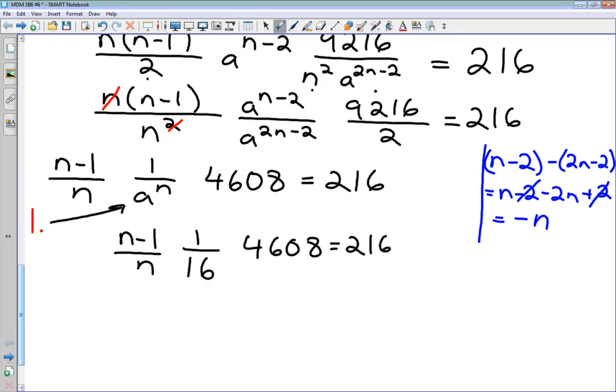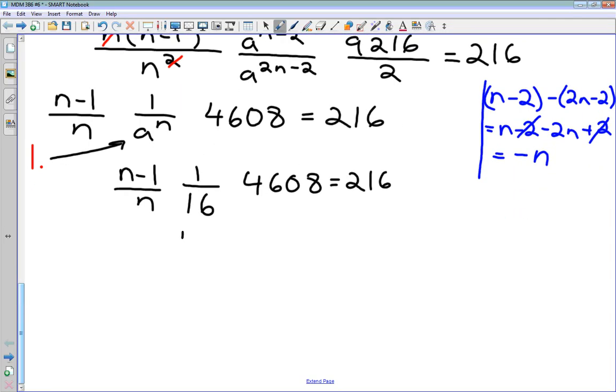We can do 4608 divided by 16 to get n minus 1 over n equals, what is that going to be when we do that division? Let's just write this out here. 4608 over 16 equals 288.